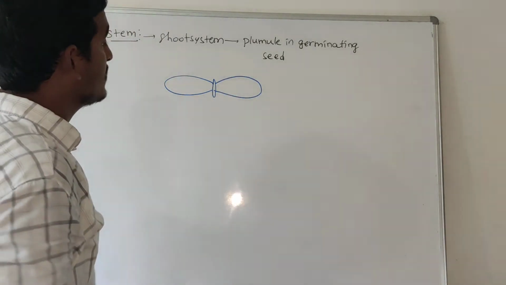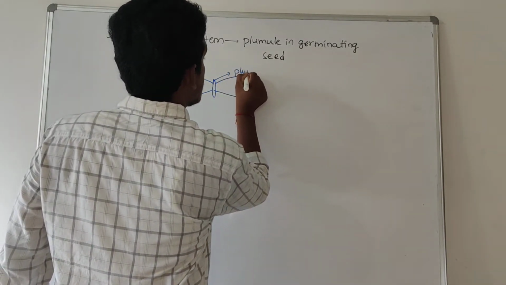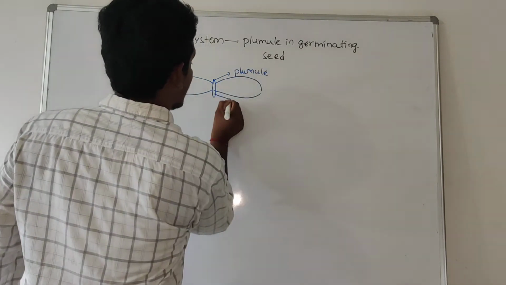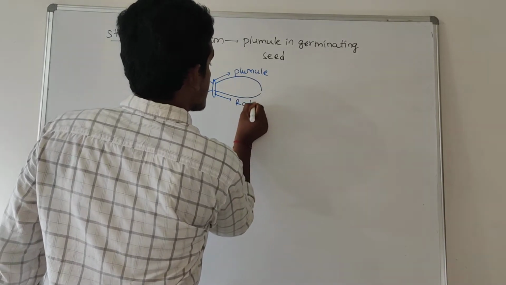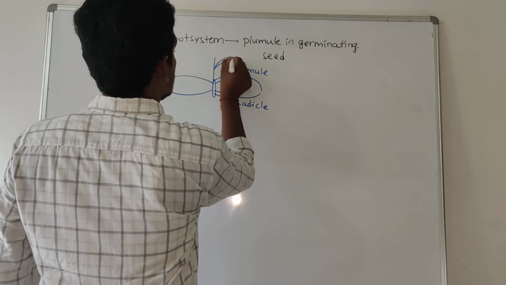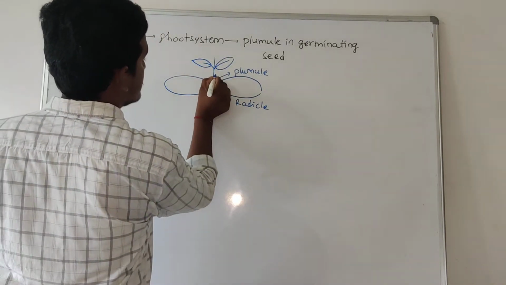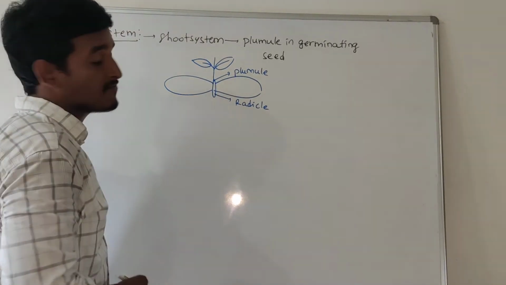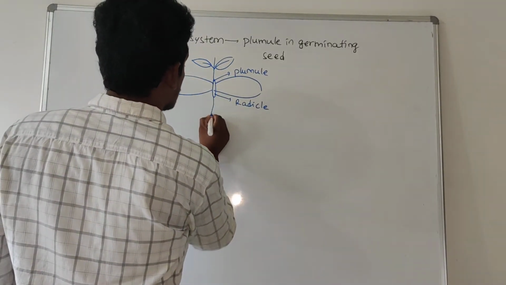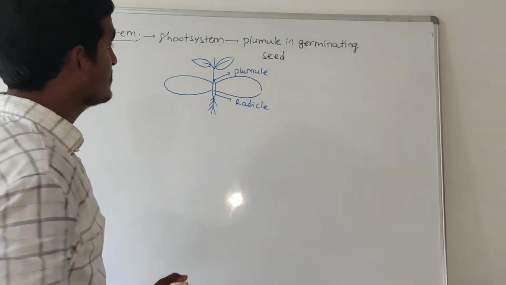In this dicotyledon seed, there is the plumule and the radicle. Here the plumule will give the shoot system. That shoot system comprises stem, leaves, flowers and fruits. And the root system develops from the radicle.